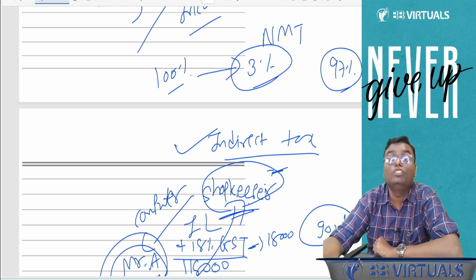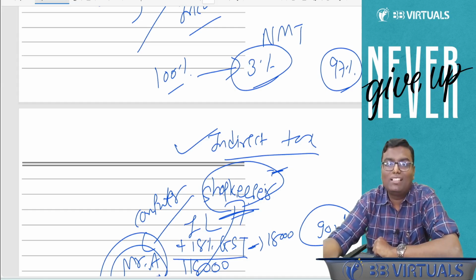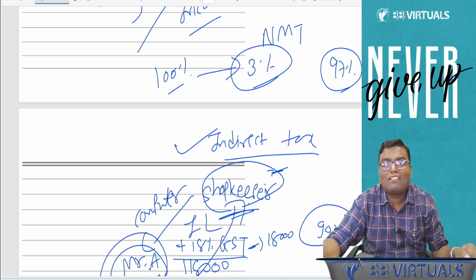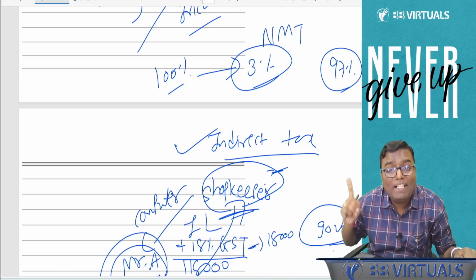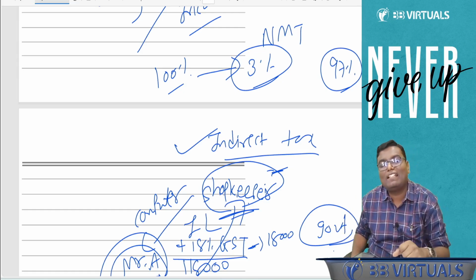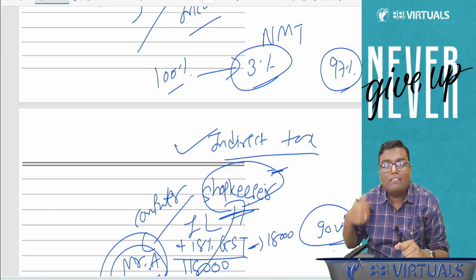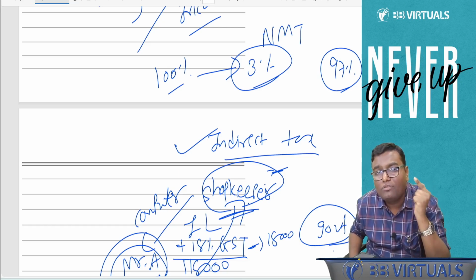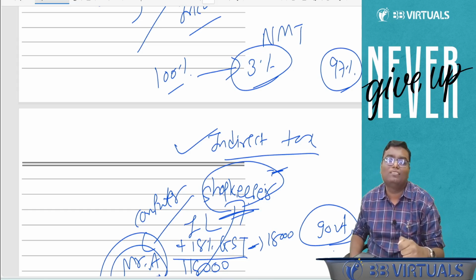No. And that's why the government thought: if you earn income, you will pay income tax. If you do expenditure, you will pay indirect tax. If you purchase something or take some services, you will pay indirect tax. So that 100% of the population of this country pays tax.